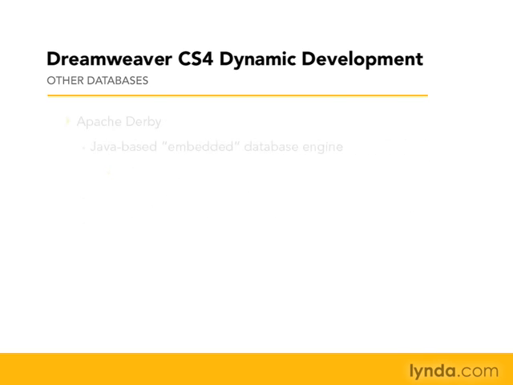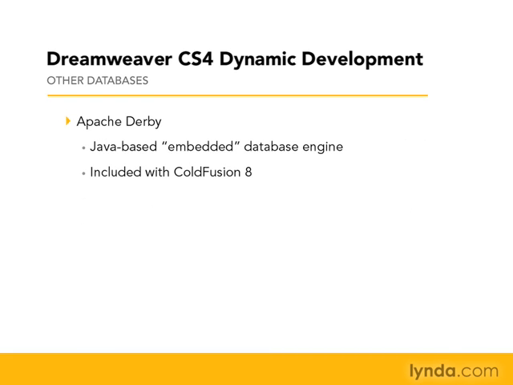And then for the ColdFusion crowd, there's also a Java-based embedded database engine called Apache Derby. ColdFusion 8 includes the drivers for this database, and all of the sample applications included with ColdFusion are now built in this database format. Derby supports multiple operating systems, so a database can move from Windows, say, to Mac without having to be rewritten, and Apache Derby gives you great performance.